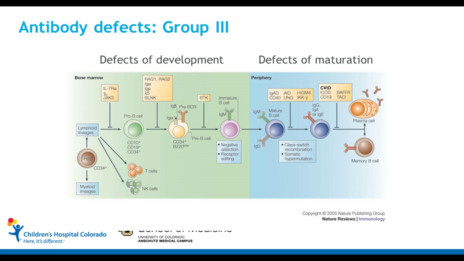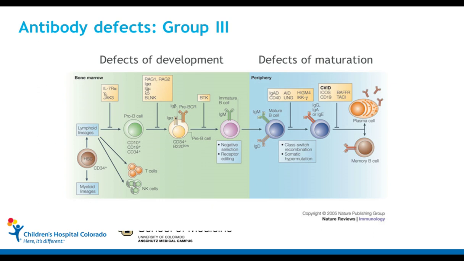We can look at the stage of development that occurs in the bone marrow and defects of maturation that occur in the periphery. Development of B cells starts off from the hematopoietic stem cell, proceeds through the pro-B stage, the pre-B stage, and the immature B cell, which expresses IgM on its surface before it exits to the periphery.